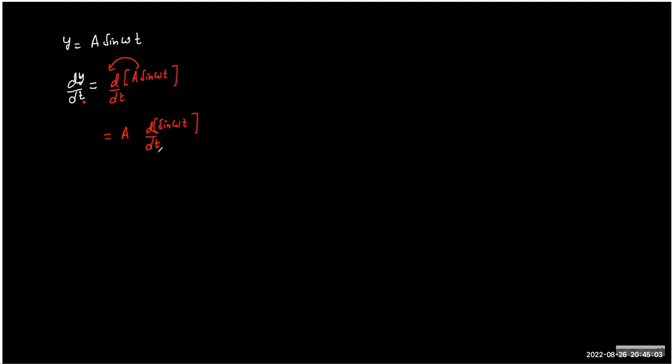You can check the input. The input is omega t and what is the scaling factor here, by the way? W, which is called omega, a Greek symbol. So what will be our answer? Tell me, guys. Sir, a omega cos omega t. Excellent.